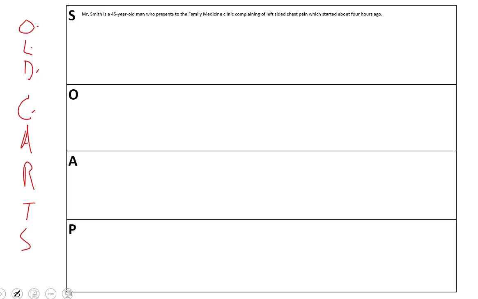Does rest make it worse? Does activity make it worse? Does a certain medication make it worse? An associated symptom is anything that occurs in addition to the chief complaint, as we call it. In this case, chest pain is their chief complaint, but what else is occurring at the same time?